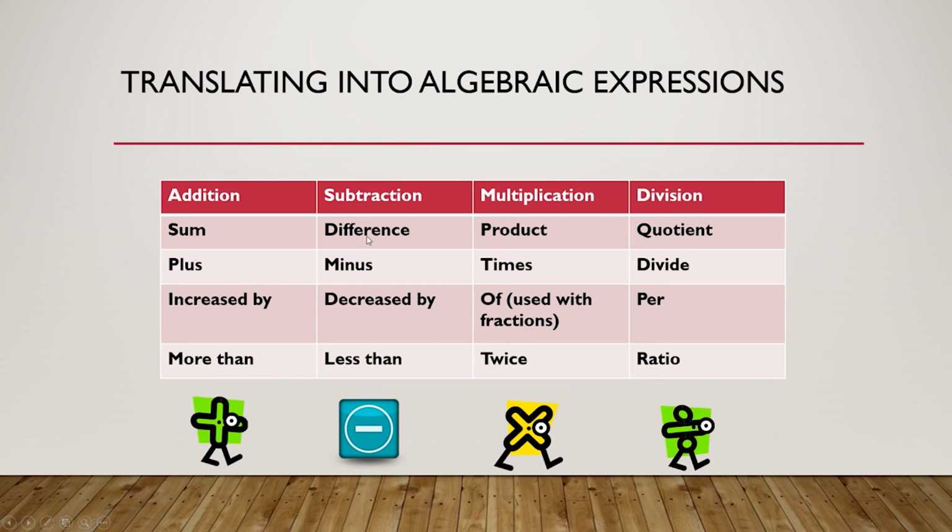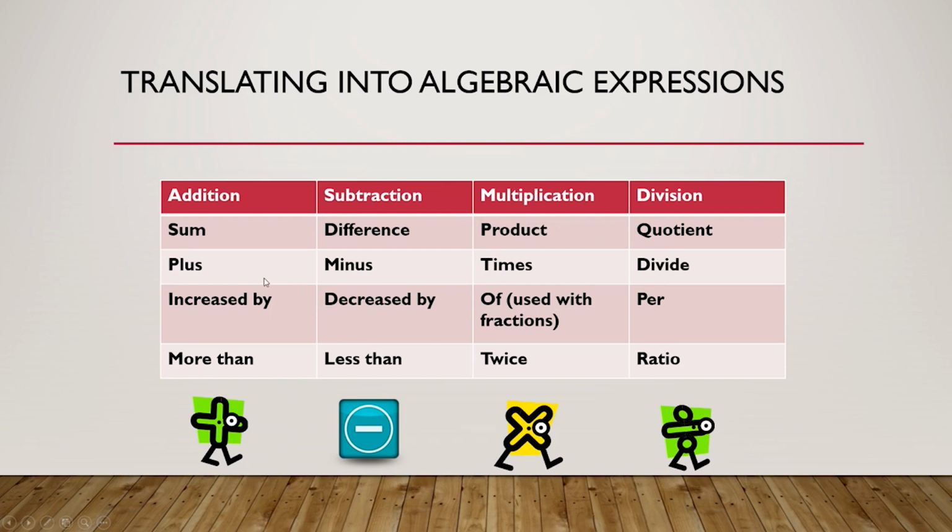Now when it says sum, difference, product, quotient, that's in reference specifically to the results. And usually you're going to see sum, difference, product, or quotient with the numbers separated by an "and." The way that you would translate it is in the order that you see it.